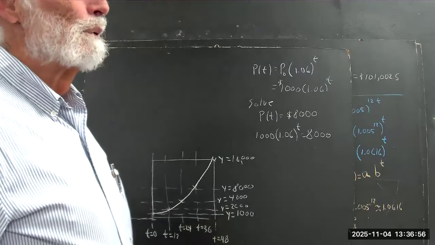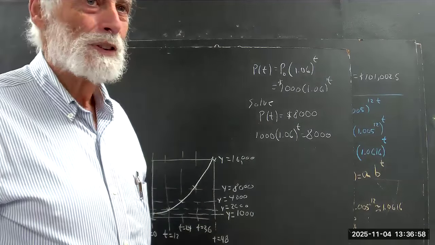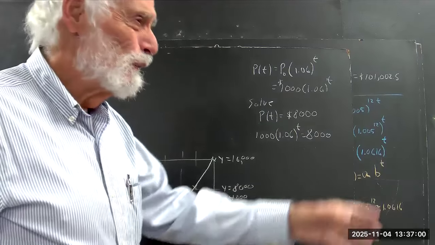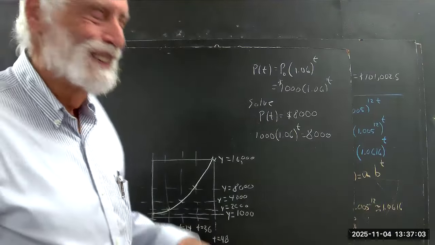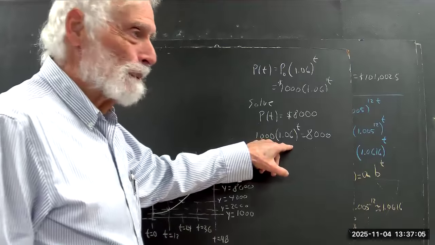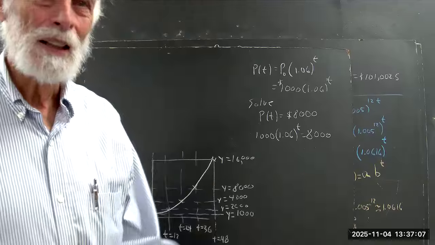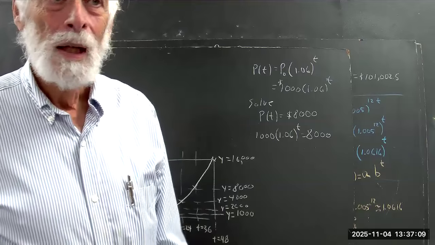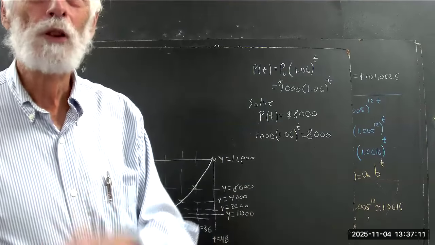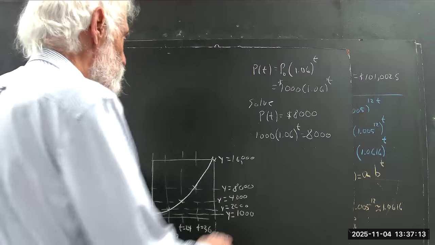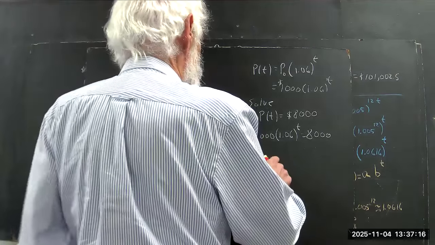And then another one was subtract 1,000 from both sides. Doggone it, no. I'm sorry. 1,000 is multiplied by something. You cannot do a subtraction before you do the multiplication, but you can do a division before you do multiplication.